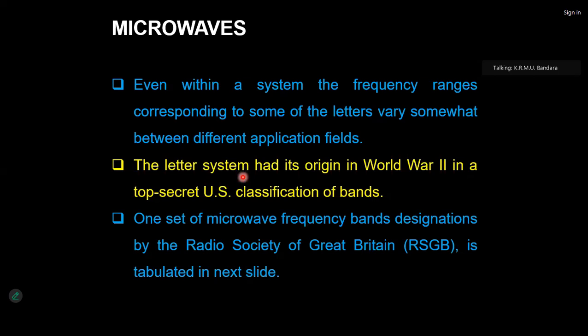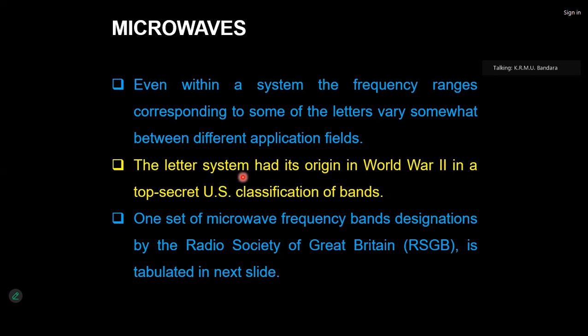This is happening actually because of World War II. The system originates from the World War II top secret US classification of bands. They use band L, band C, band P, band S, band X, band K, the different names. But all are continuously going through the spectrum, with no gaps.